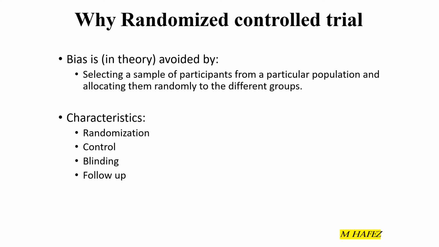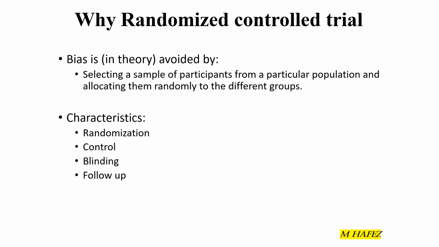Blinding means that the patient doesn't know what type of treatment he is receiving. So, for example, you're comparing two different drugs, or having a placebo, which is a drug that does not have the material inside it. Okay, so in this case, patient doesn't know, so there will be no influence from the patient decision, and also from the researcher who's doing it.